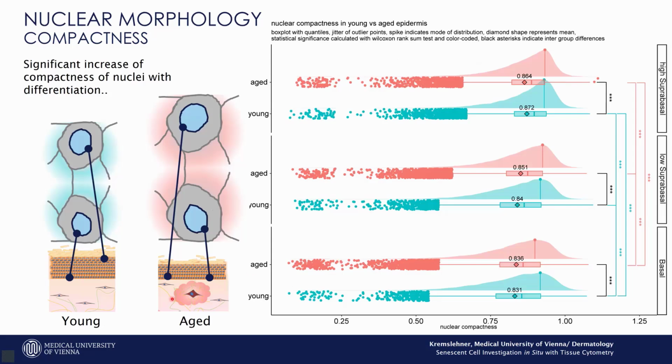So the basal cells that are more squished together have less round, less compact nuclei. And with differentiation, we see a trend towards rounder nuclei, and the aged cells, or cells inside the aged tissue, also showed higher grades of compactness compared to the young ones.